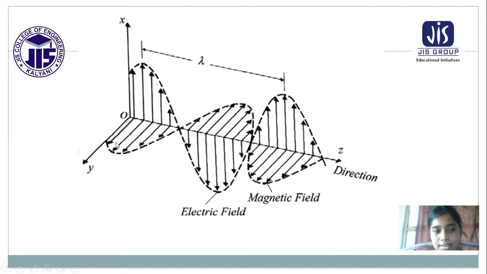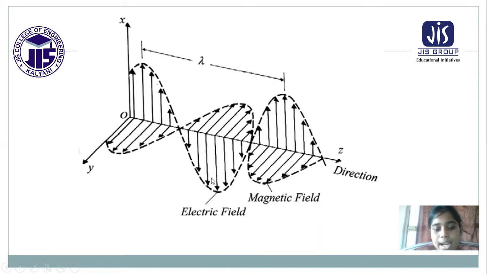Since we are discussing the electromagnetic wave equation today, we should have a clear idea about the electromagnetic wave. So this is about the components of the electromagnetic wave, and there are two components.